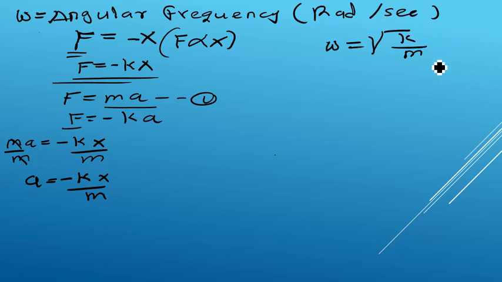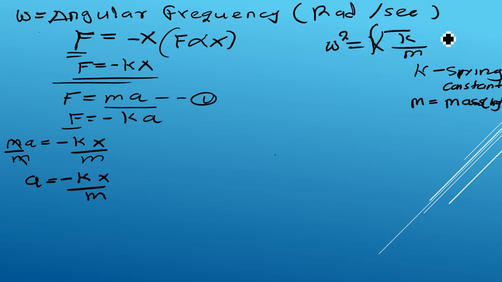This k is called the spring constant. m represents the mass in kg. So if we square both sides, you discover that omega squared will equal k over m.